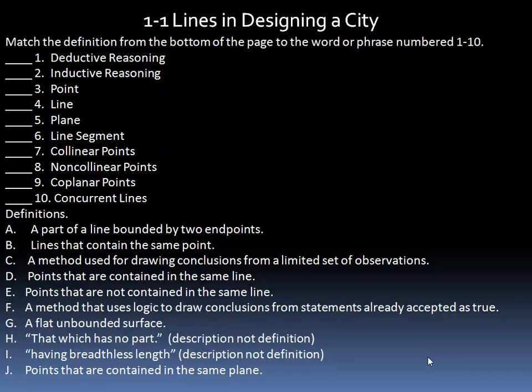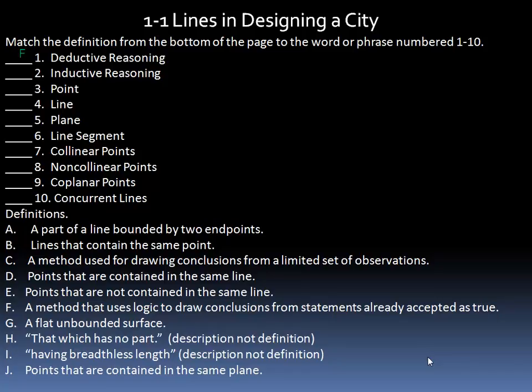So this is F, deductive reasoning. That is a method that uses logic to draw conclusions from statements already accepted as true. You find that we prove statements throughout the course, and we can use previously proved statements to prove the new statements, and that's deductive reasoning.